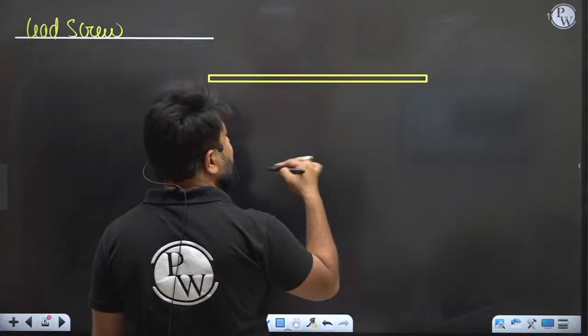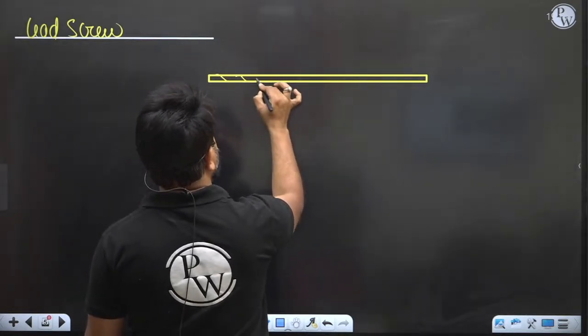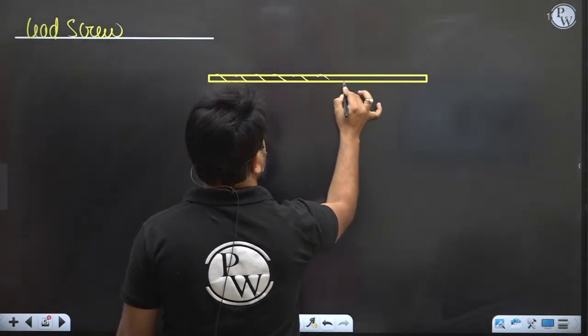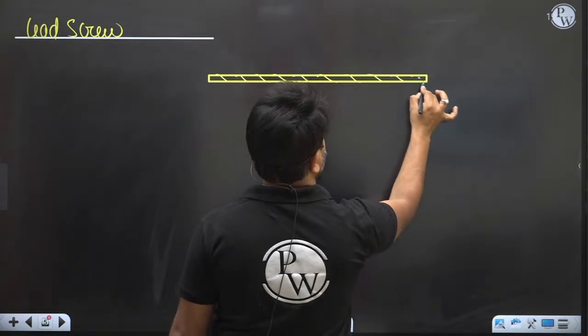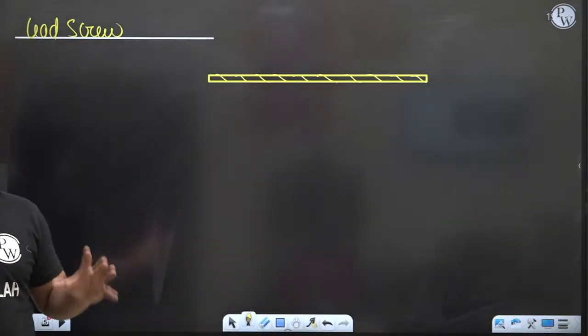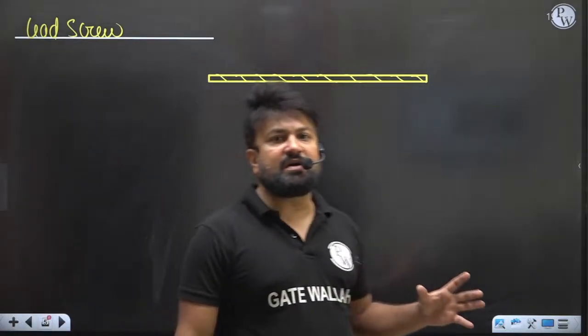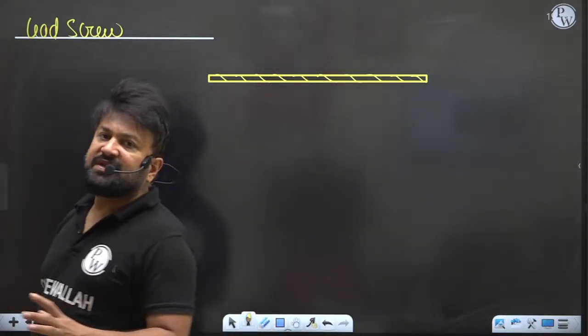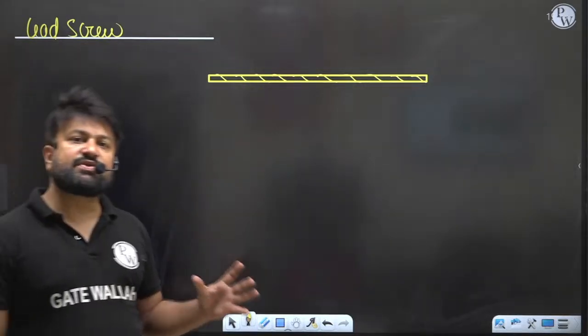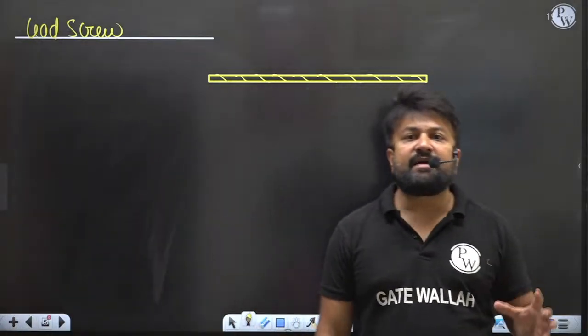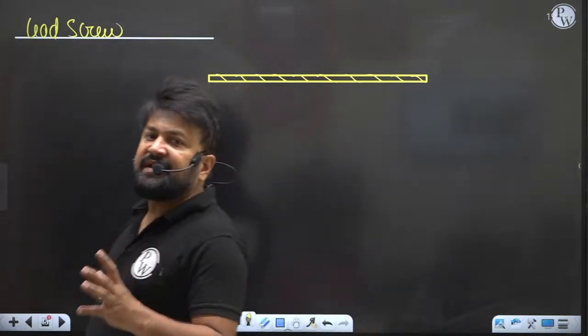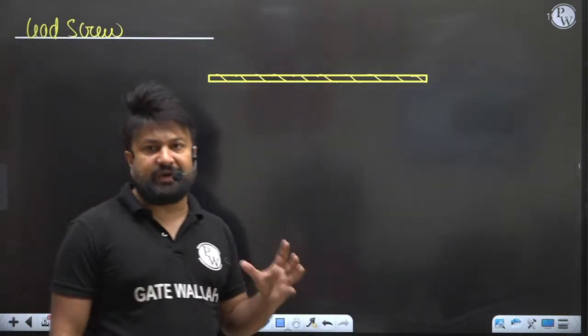And on that lead screw, basically there will be Acme threads. This lead screw has an Acme thread. Basically lead screw is what? A large screw with a small thread per inch used for cutting threads.